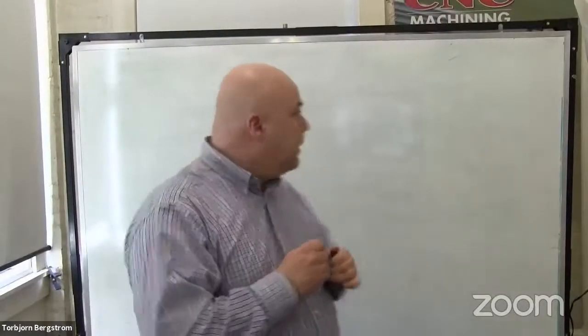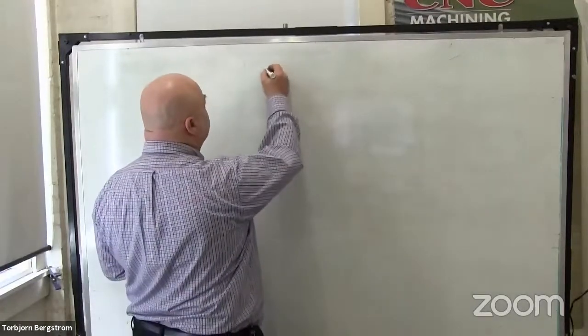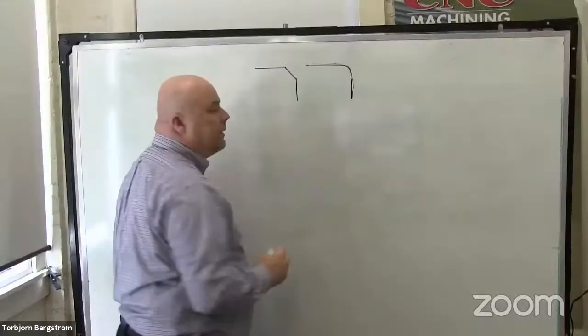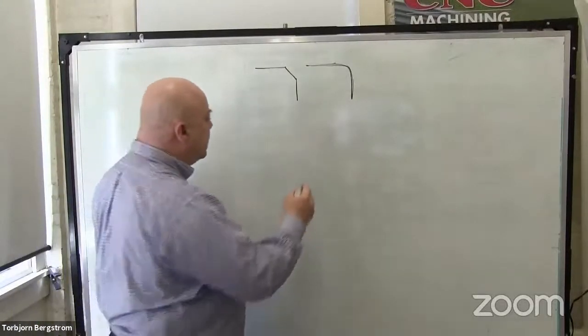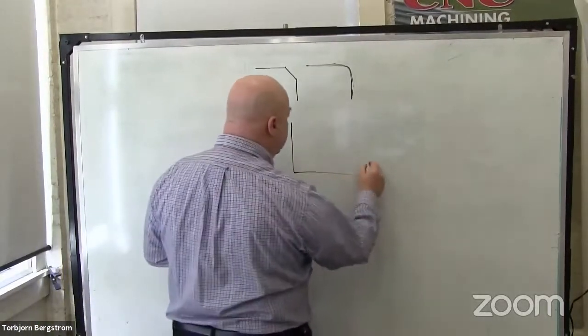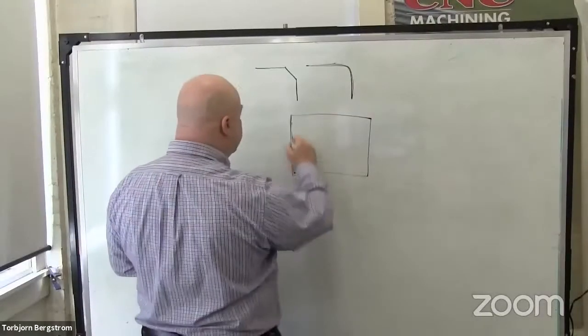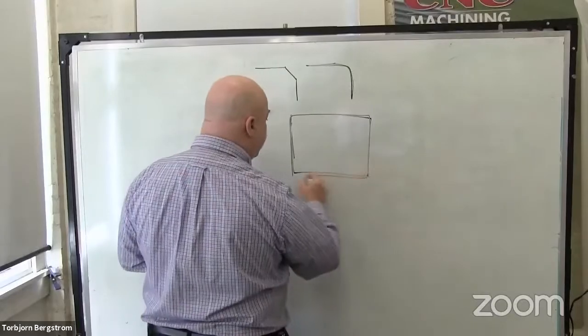We had just finished talking about chamfers versus fillets on outside edges. We talked about over-constraining, and I think we were just beginning to talk about pockets.